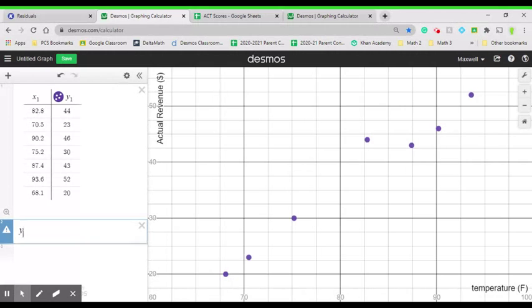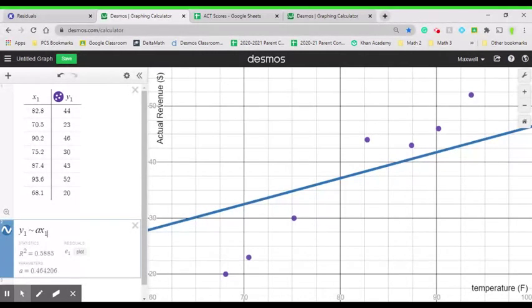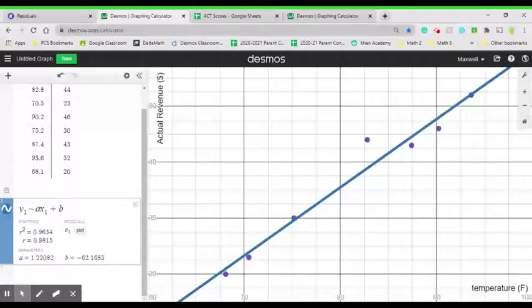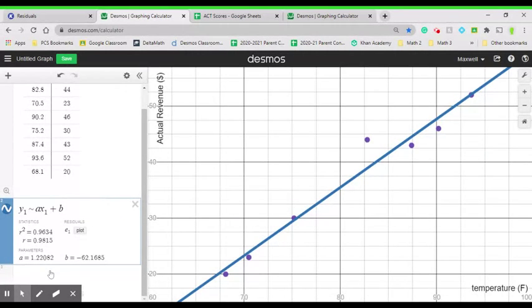Y, and then we can use our subscript 1. You can also use your keyboard button for that. And then we're going to shift, and then the button next to 1, the tilde, little squiggly line you can find on your keyboard. And then A, X sub 1 plus B. And we have a linear function for this.